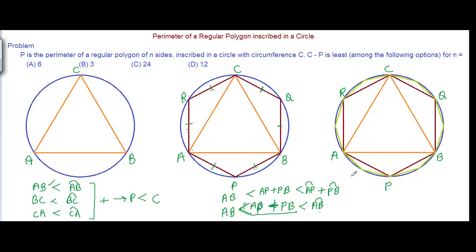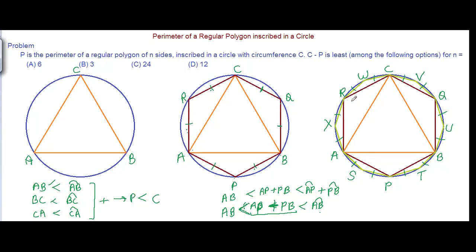And we have further made parts of this arc AP, like this is point S, this is point T, this is point U, this is V, this is W, this is X. So how many sides have we got? 2, 4, 6, 8, 10, and 12. So we have a 12-sided polygon now.